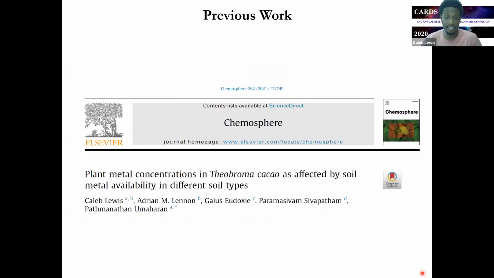In addition, recently, we published a paper, plant metal concentrations in Theobroma cacao was affected by soil metal availability in different soil types.